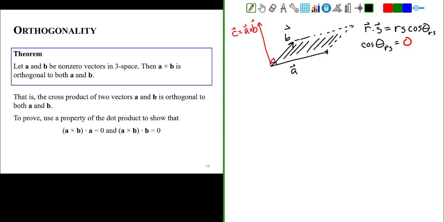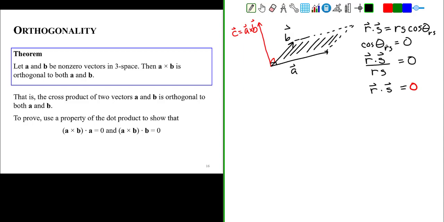Now, the cosine of the angle between two vectors from the dot product is given as the dot product between those two vectors divided by the product of the magnitudes of those two vectors. If those two vectors are orthogonal, we have to show that this result is equal to 0, or quite simply that the dot product between the two is equal to 0 once we multiply through by the product of the magnitudes.